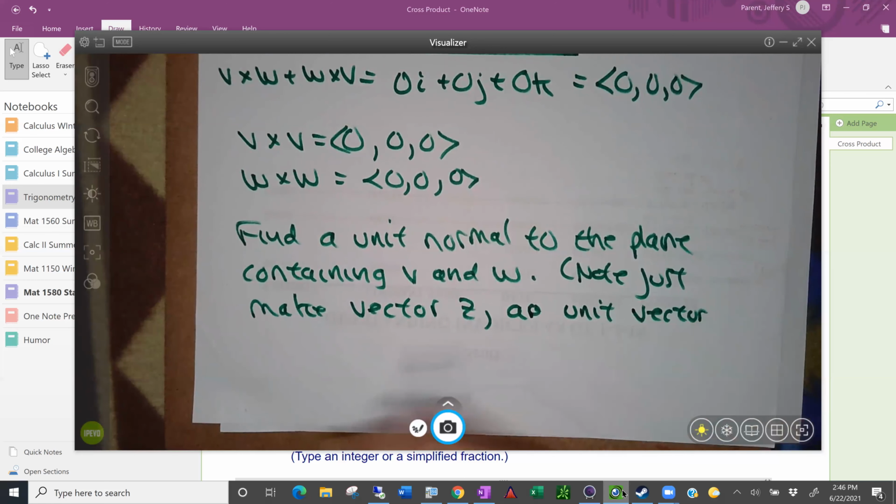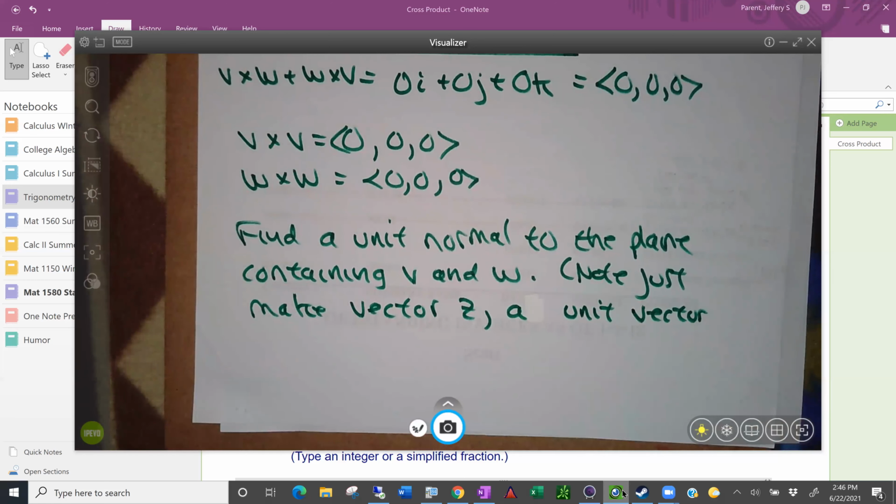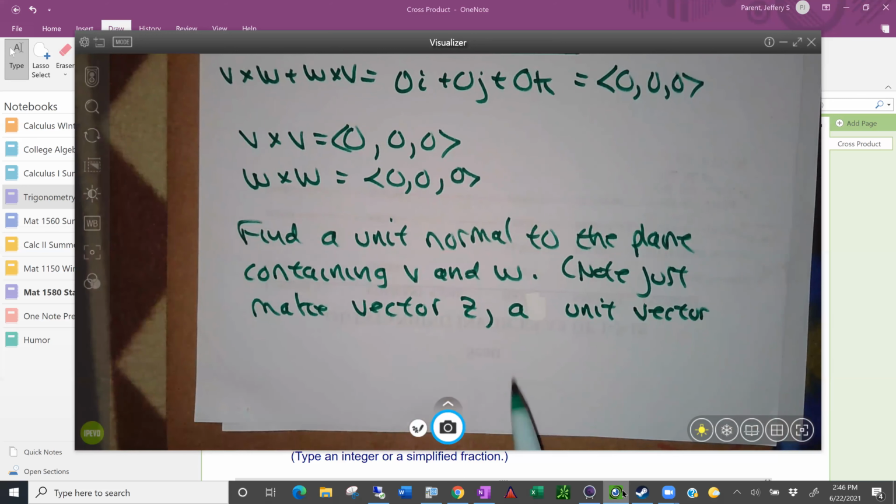So all we're going to do is take our result from V cross W and make it a unit vector. So that vector I called Z just out of convenience.